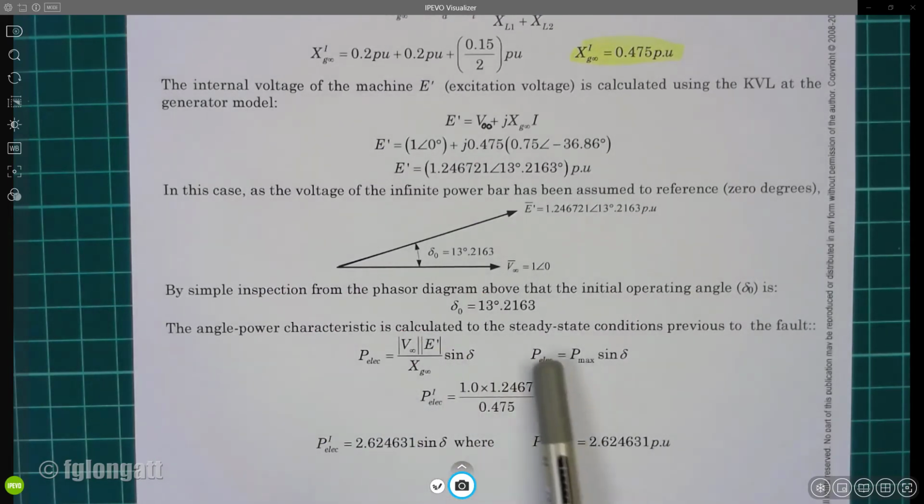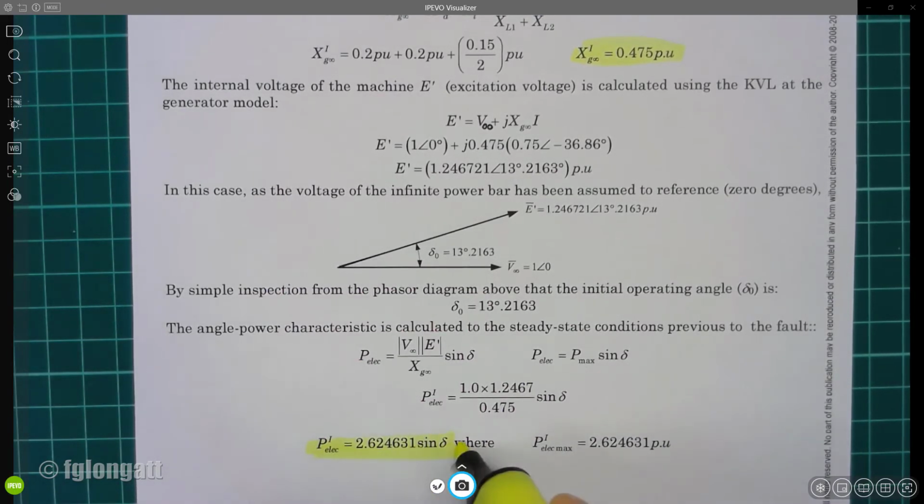When you put the numbers together, you can see here this is the equation defining the pre-fault power angle condition.